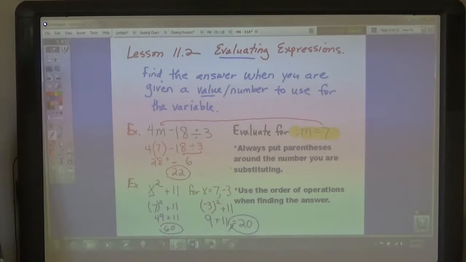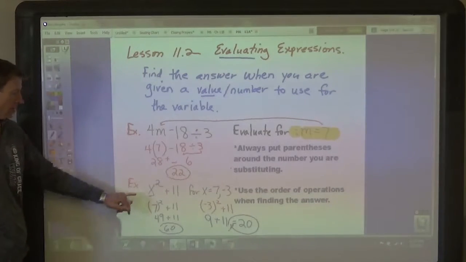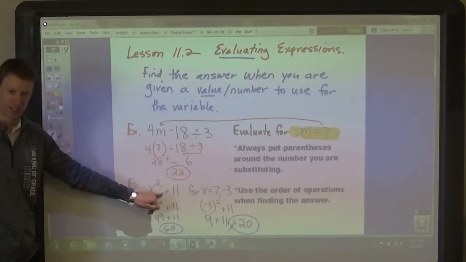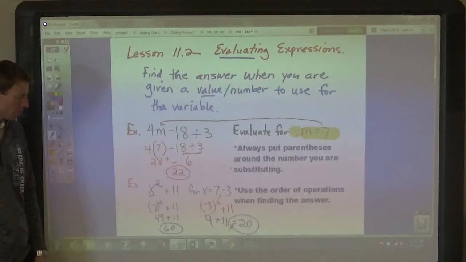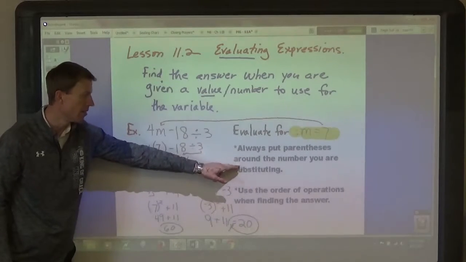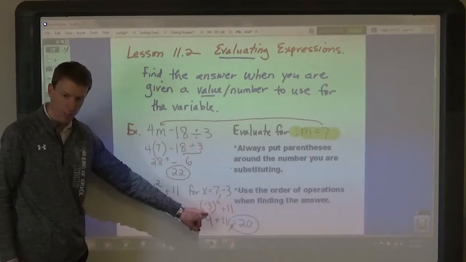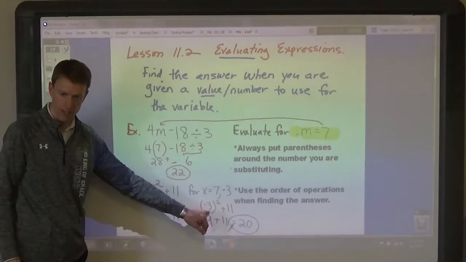Do you see what we're doing? We're writing the number in place of the variable in this expression. Why do we put negative 3 into the second one in parentheses? You always put parentheses around the number, okay? In this case, it's really, really important. You'd actually get the wrong answer if you didn't.